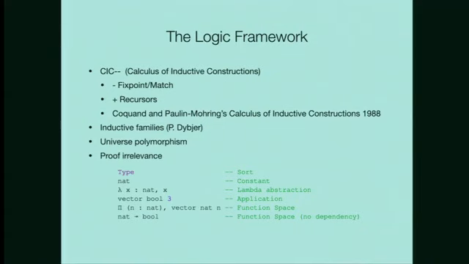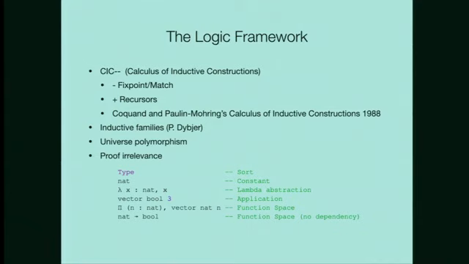Before I continue with talking about metaprogramming, I want to talk a little bit about the logical framework we use in Lean. I used to say that it's based on CIC, but people would complain saying it's not CIC because you don't have a fixed point and a match in your language.